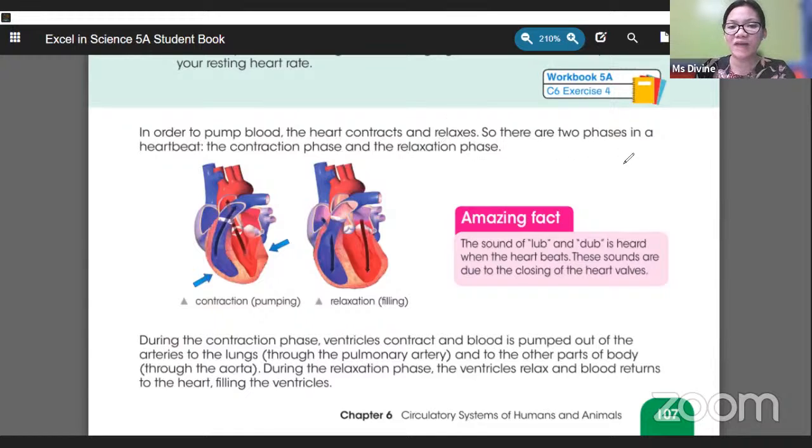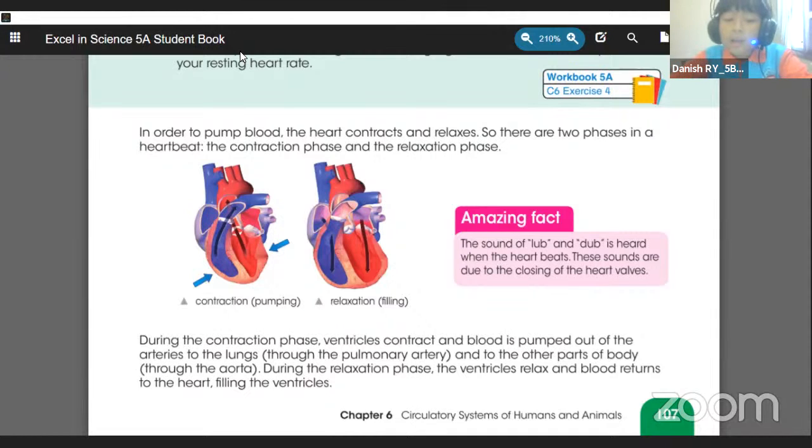Amazing fact: the sound of lub and dub is heard when the heart beats. These sounds are due to the closing of the heart valves. So what is the sound of your heartbeat? Is it lub, lub, lub, or dub, dub, dub?